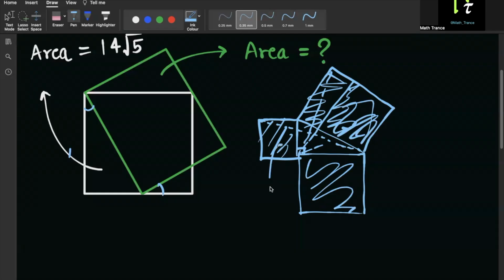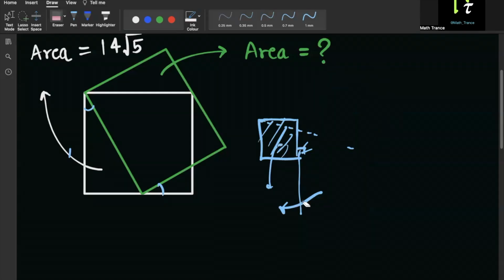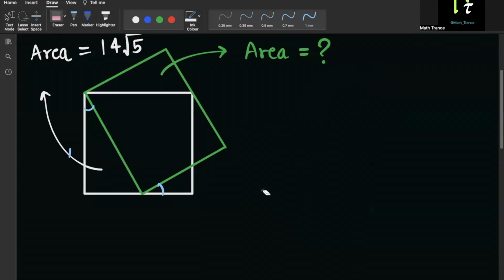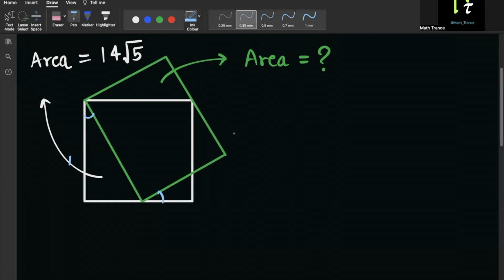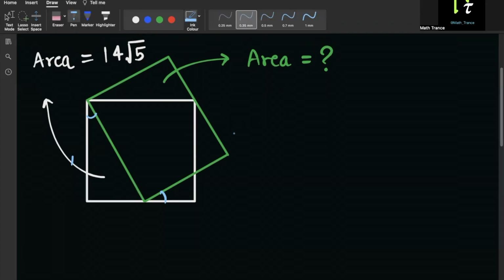Then you add these two areas of squares and get this area equal to that, and that's how you prove Pythagoras theorem. One of the ways. There are many beautiful proofs of Pythagoras theorem. So we are going to use a similar concept. Even if you take it as a hint, you can try it now. Pause the video. But I'm going to go ahead and solve it.